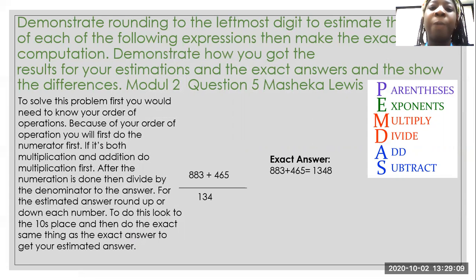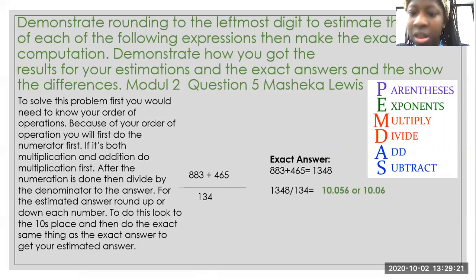And then you have no problem in the bottom. So you'll have to then divide 1,348 by 134, which will give us 10.056, or 10.6 if you round it up. But we're looking for the exact, which will be the 10.056.